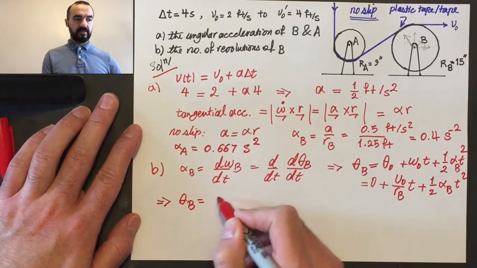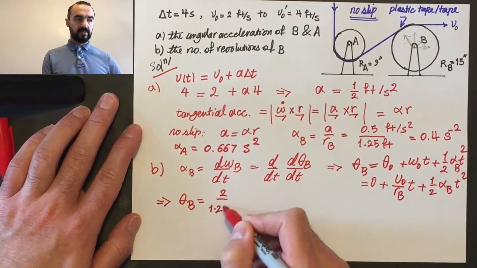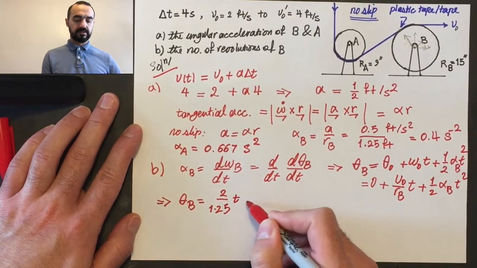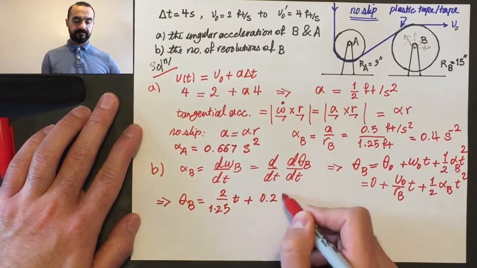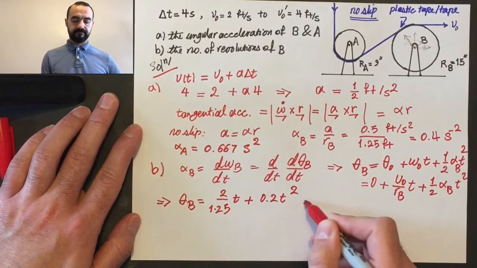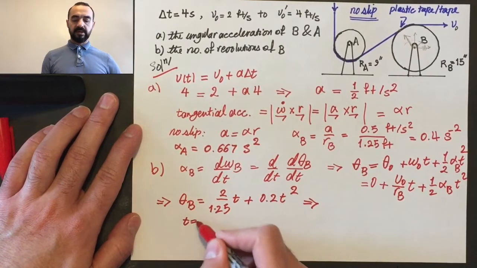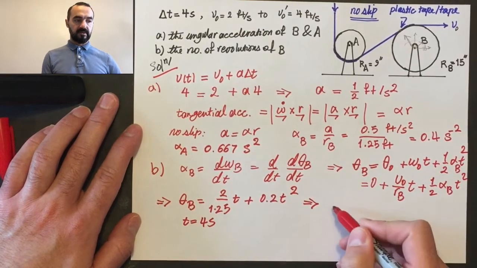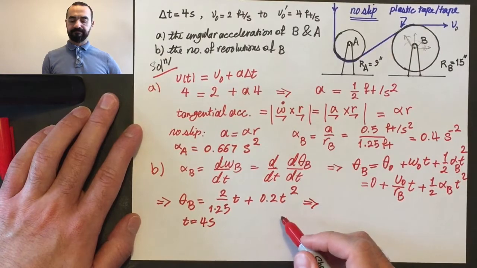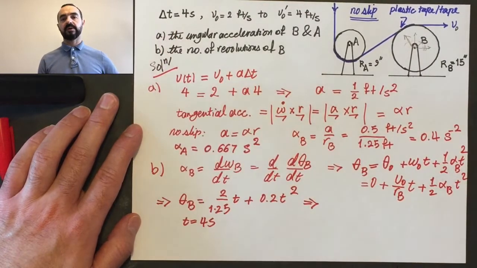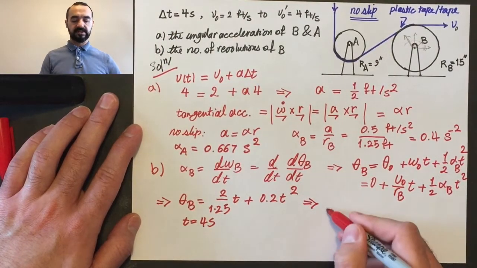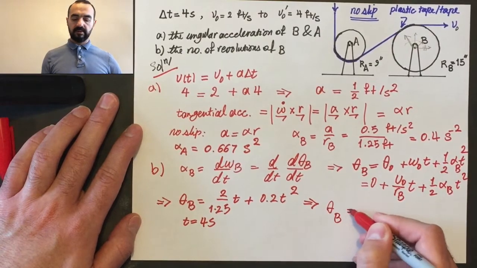So from this, we have theta B equal to 2 over 1.25 times t plus half alpha B times t squared, and then t is equal to 4 seconds. Sorry, I've used t instead of delta t. Remember, this is delta t, obviously.